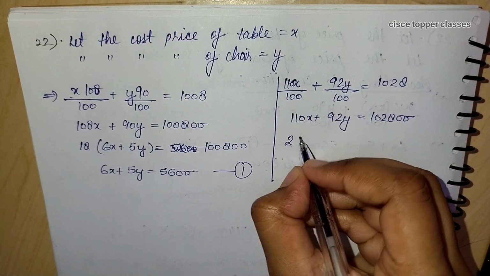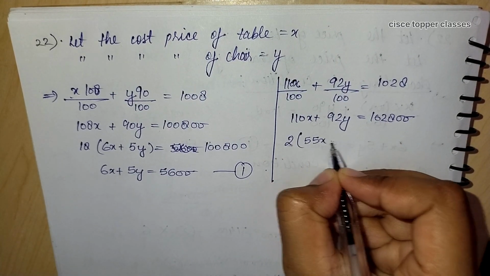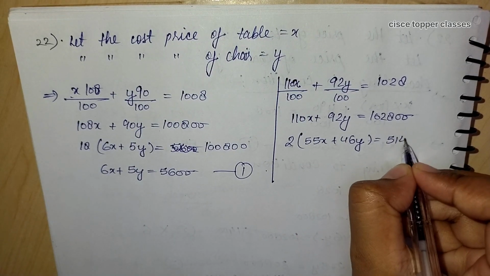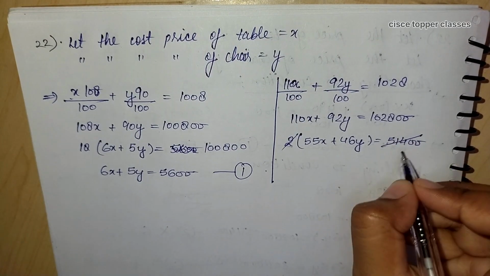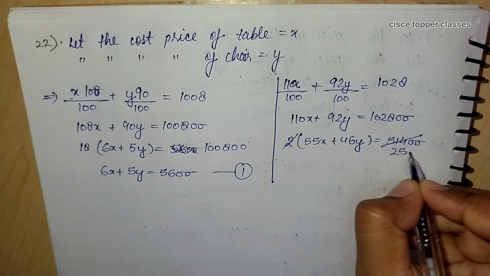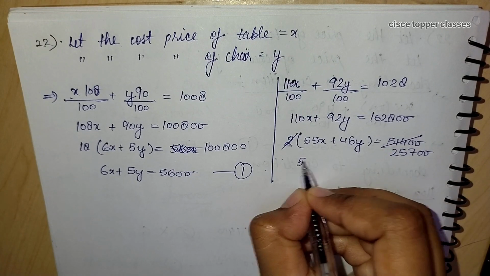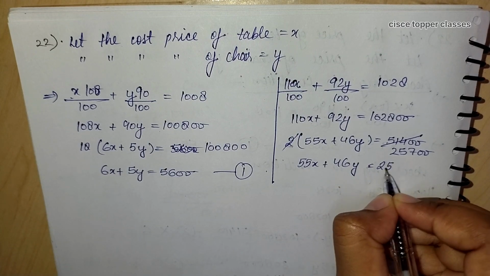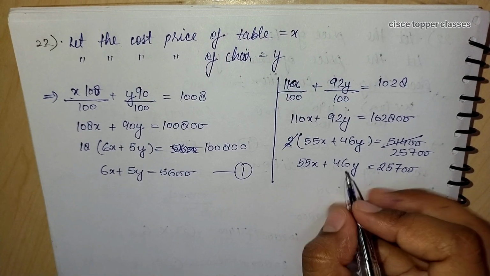Here we will take 2 as common, so it will be 55x plus 46y equal to 51400.